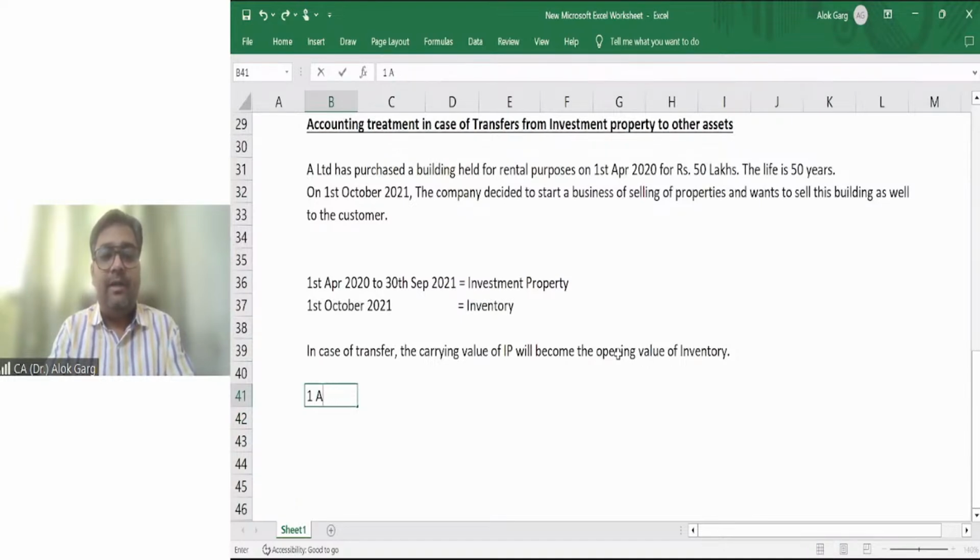1st April 2020. What is the accounting entry on 1st April 2020?